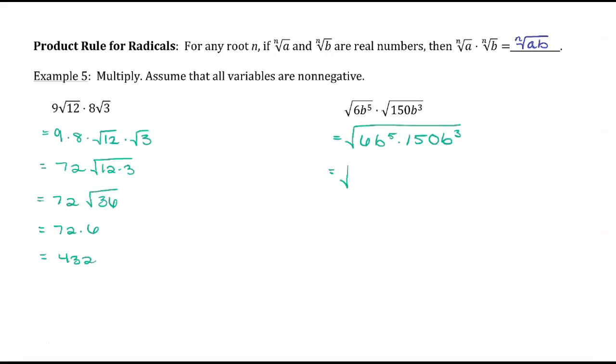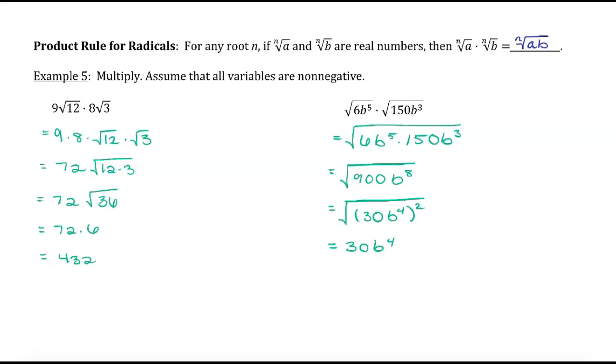Simplifying, we have 6 times 150, or 900, and b to the 5th times b cubed, which is b to the 8th. 900 can be written as 30 squared, and b to the 8th could be written as b to the 4th squared. So this simplifies to simply 30b to the 4th.